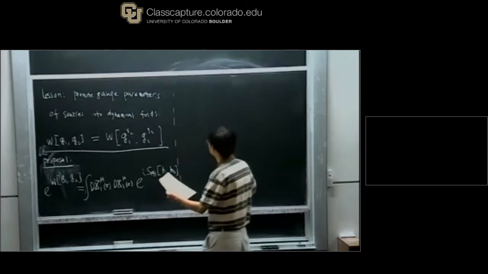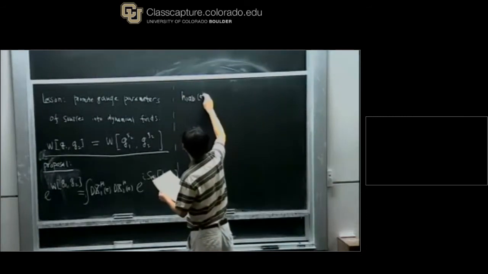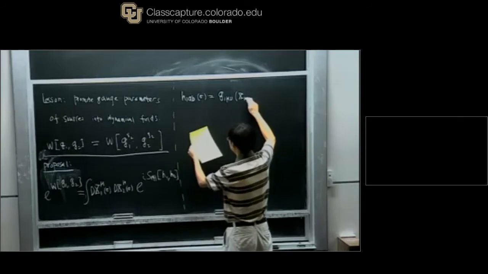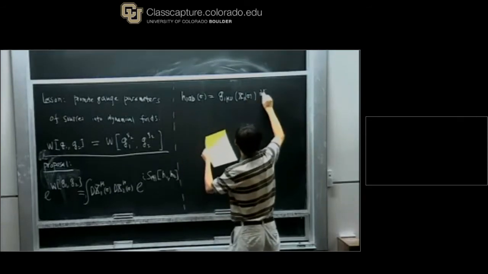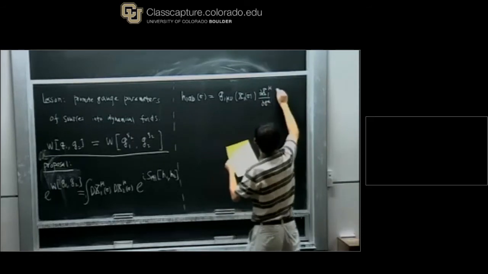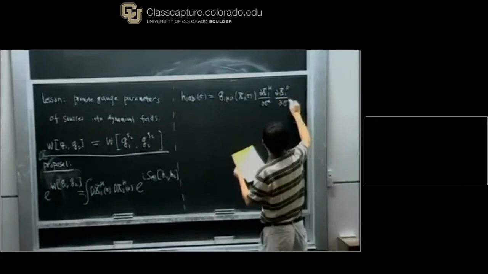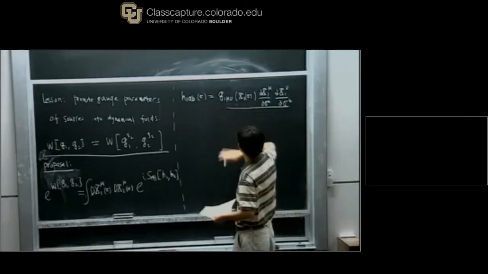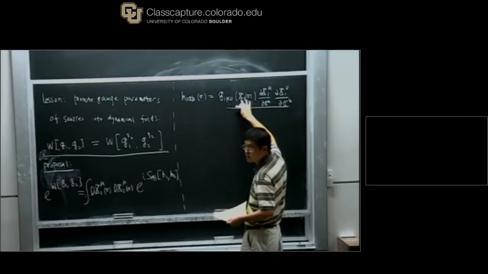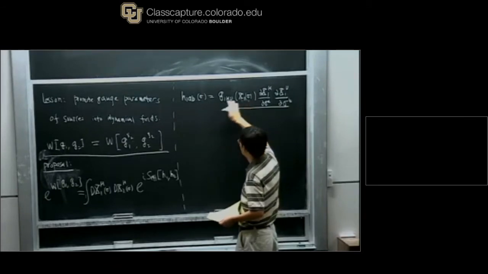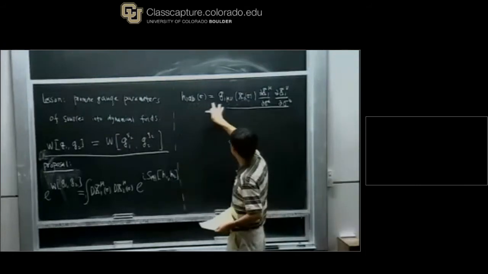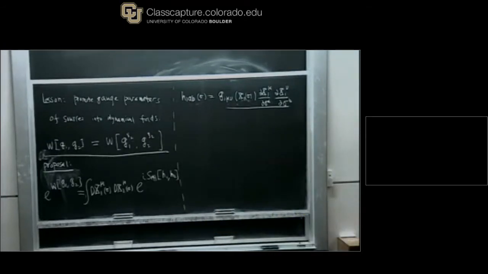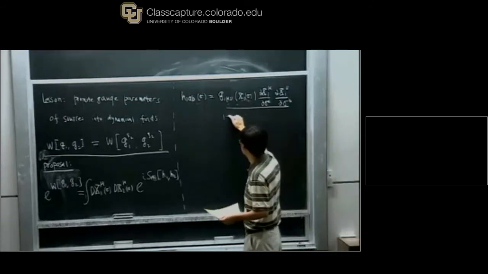And H1 AB of sigma is equal to G1 mu nu of X1 of sigma, times partial X1 mu over partial sigma A, partial X1 nu over partial sigma B. So this is just a diffeomorphism transformation of G1, and now I just promoted this diffeomorphism parameter into a dynamical field, and then I require that the action only depends on the combination of this thing. And similarly for 2.